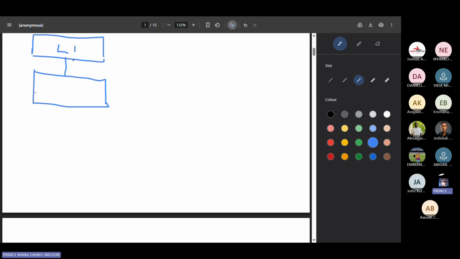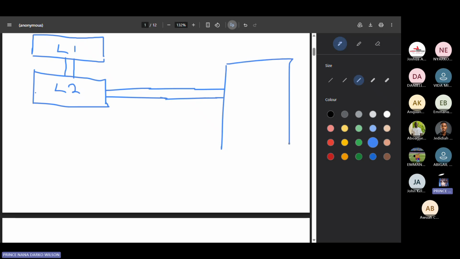So I'm using a visual representation to make this as clear as possible. And then let's say our RAM is all the way over here. Now, as you can clearly see, there's a shorter distance between level 1 and level 2.